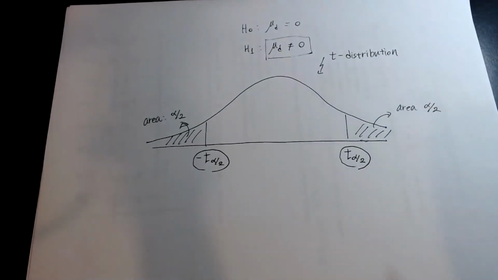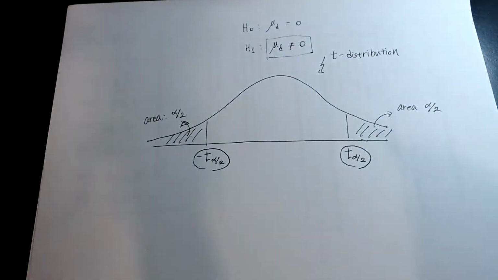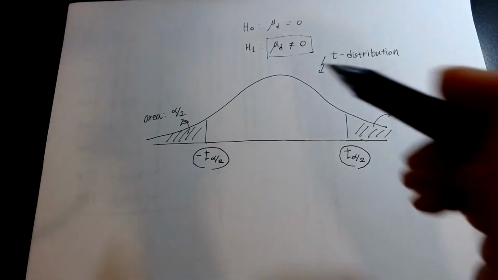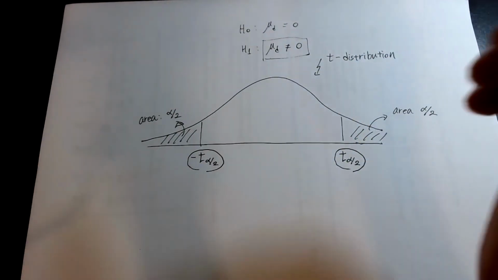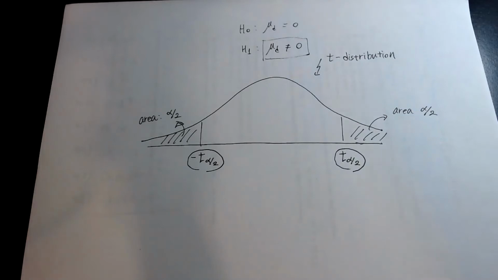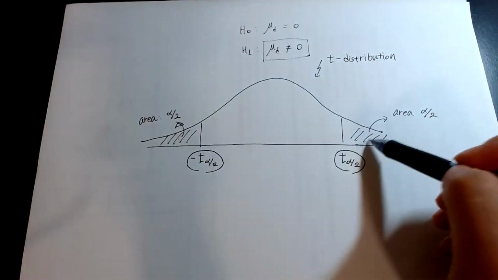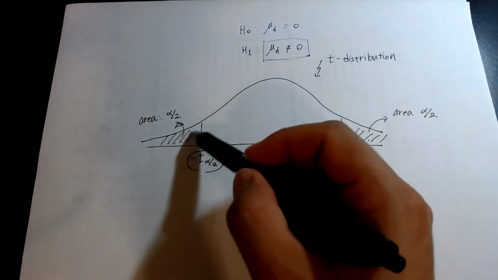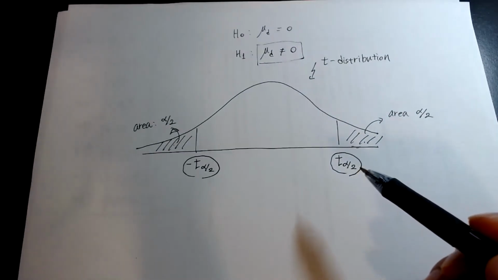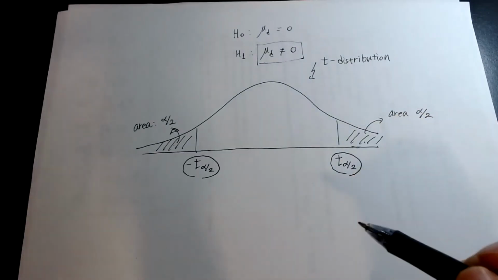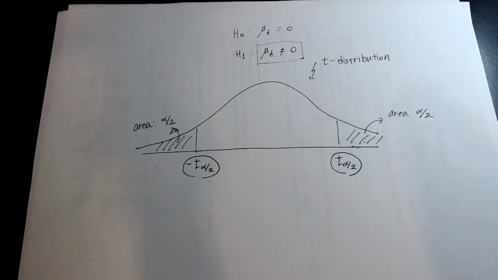If the mean of the sample data falls in this area, here or here, we consider the result extremely significant, meaning significantly high or significantly low.